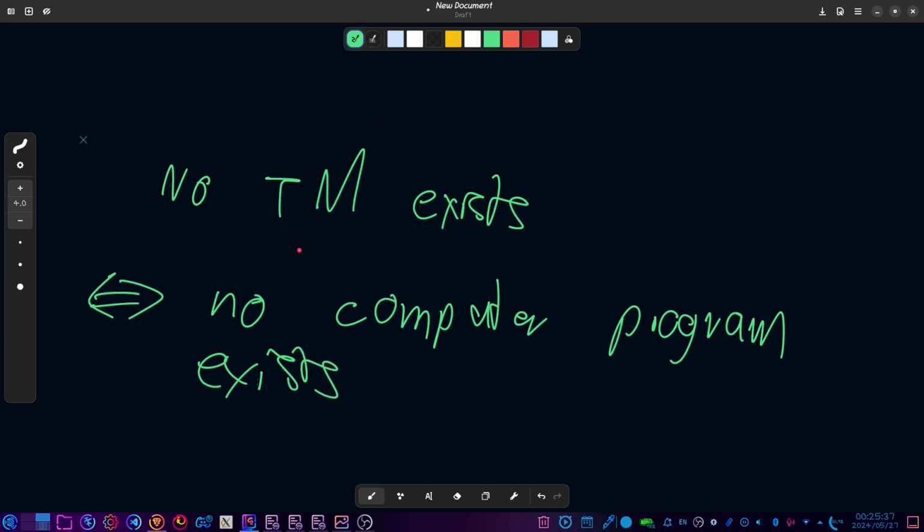They're interchangeable statements, right? Turing machines are just our mathematical, formal way of describing what algorithms are, right? So if no Turing machine exists, there is no algorithm. And if there is no algorithm, there is no computer program. That's the whole point of the course pretty much. So yeah, that kind of irked me.